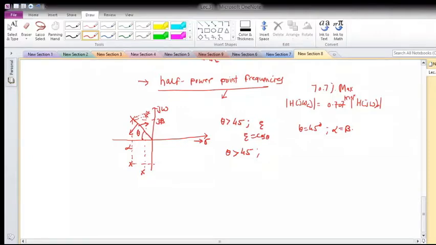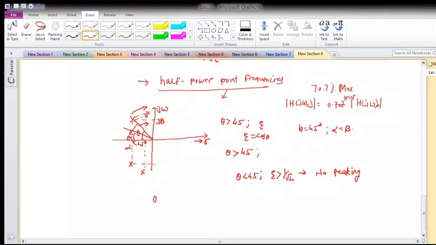So when poles are moving this way, means theta is greater than 45 degrees, then there will be the peaking. And when theta is less than 45 degrees, then there will be no peaking. Okay, so when theta is less than 45 degrees and zeta is greater than 1 by root 2, there will not be any peaking and I am not interested in it.